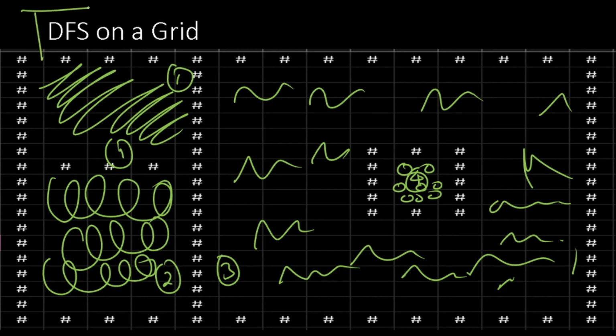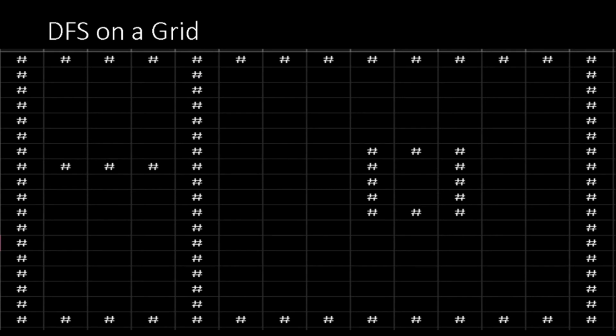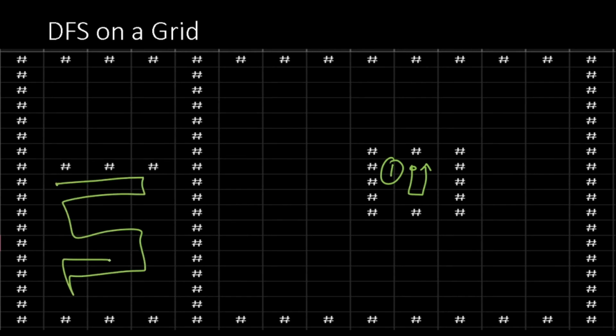So we'll solve this problem with a DFS on a grid. Let us start with an unvisited location. So I will start here. Then I will do an entire DFS and I will label this as room number 1. Then I will pick another unvisited location. Let me start here. And then I will do an entire DFS and I will mark this as room number 2, connected component number 2.